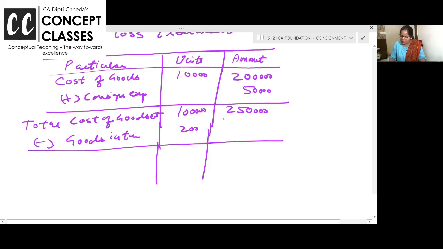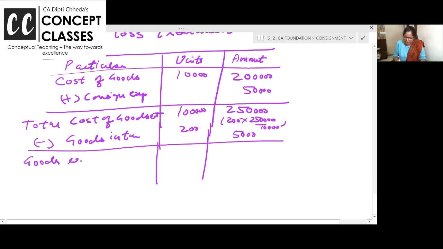So same value. 250 divided by 10,000 into 200, 5,000. 200 units are lying with transporter or lost in transport or abnormal loss, whatever it is.